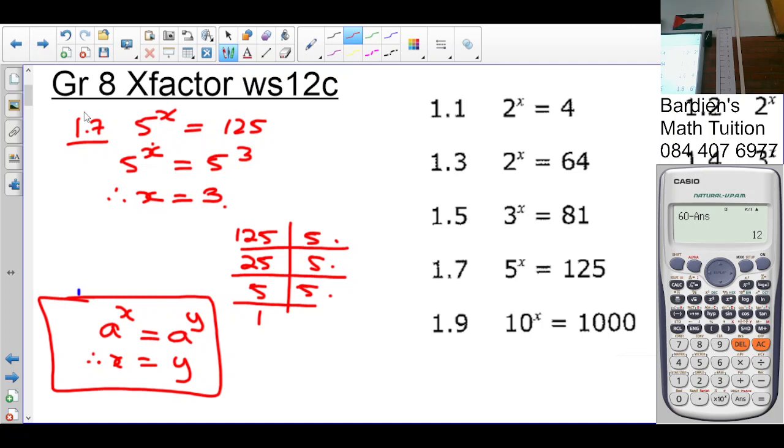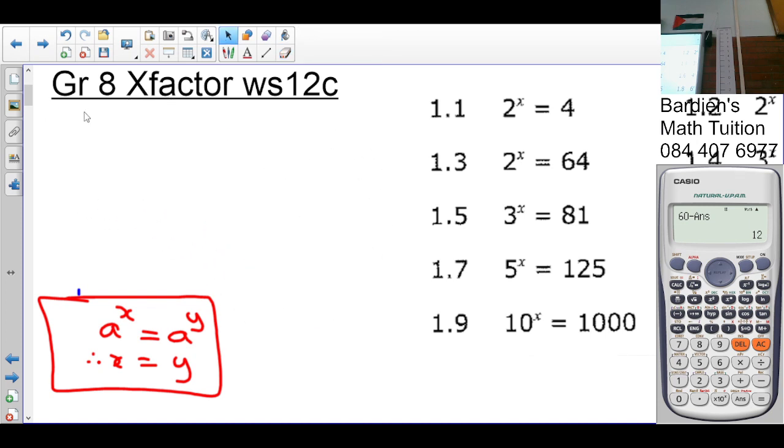So the next one. Okay, so let's look at the next one, 1.9.